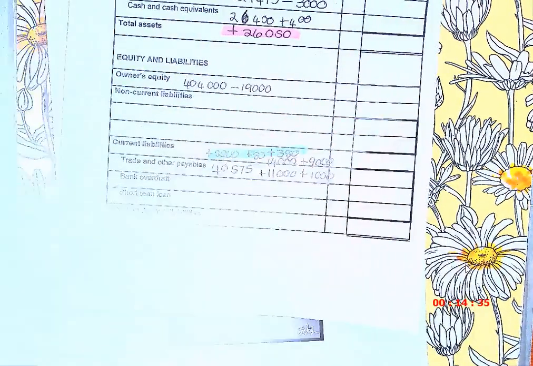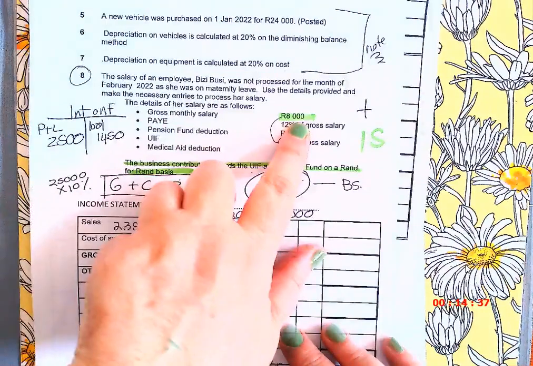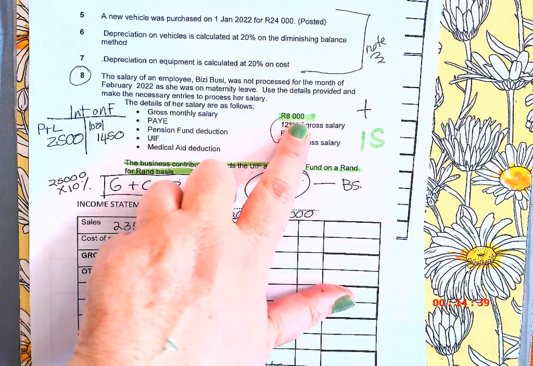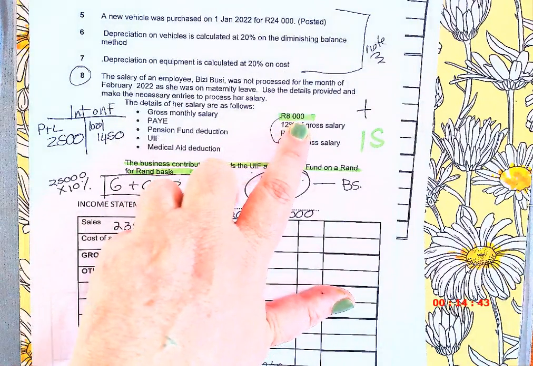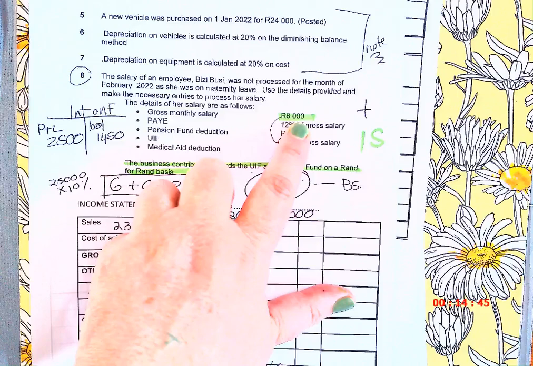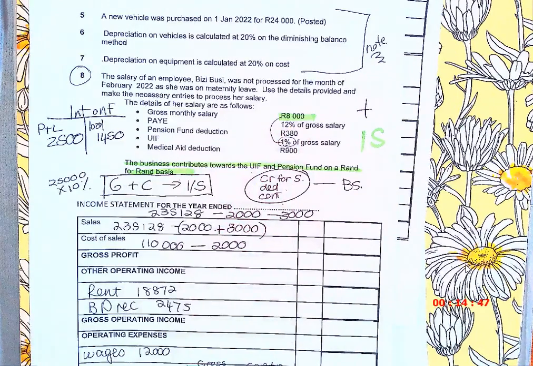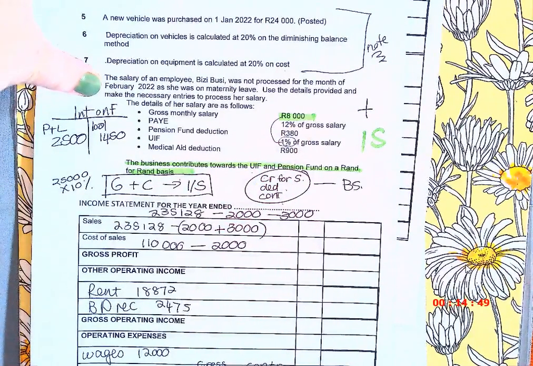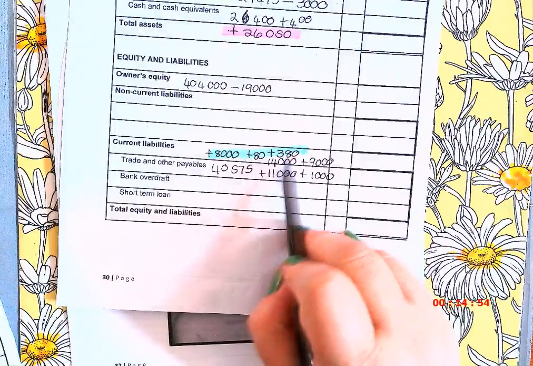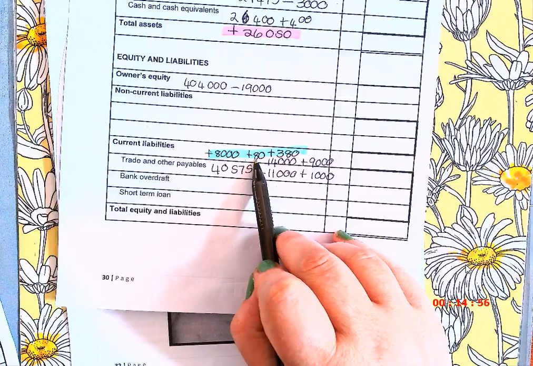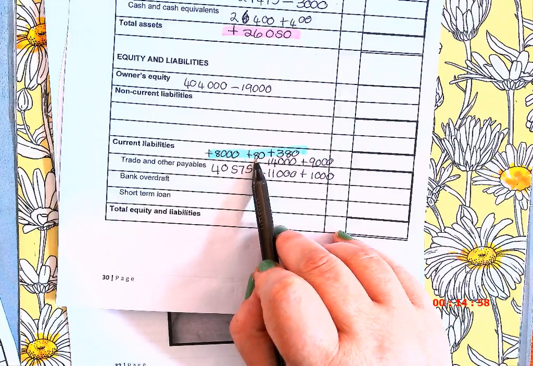Can you see what I did? I took the gross. I don't have to show the net and the deduction separately because I already have the gross. Okay. Now I just add the contributions as well. You see? Can you see what I did?